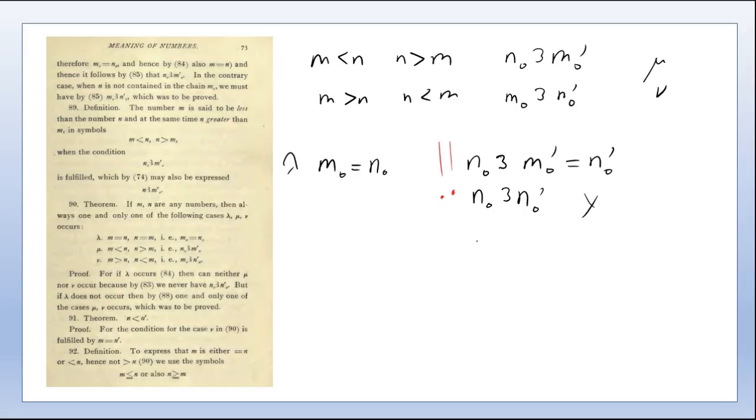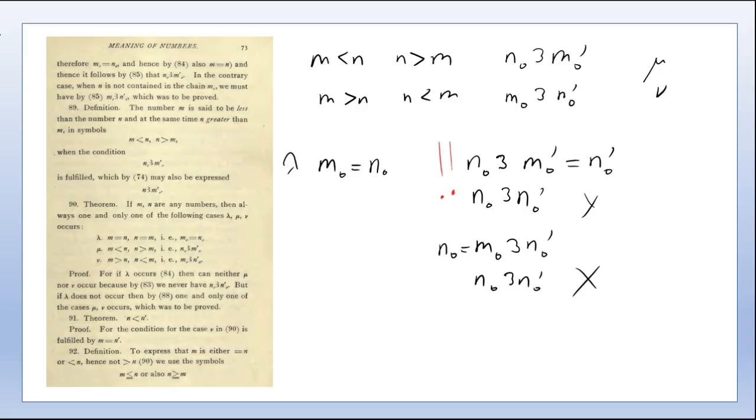On the other hand, if we have that m naught is a part of n naught primed, again m naught is equal to n naught, we get the same thing coming up. N naught is a part of n naught primed, which can't happen. So if lambda occurs, mu and nu are excluded.